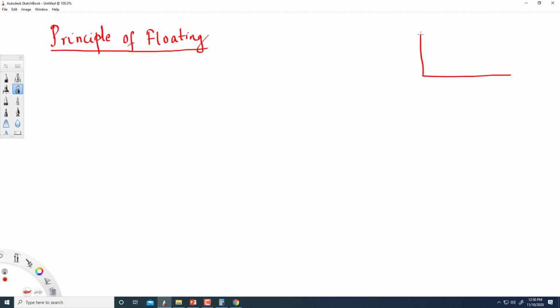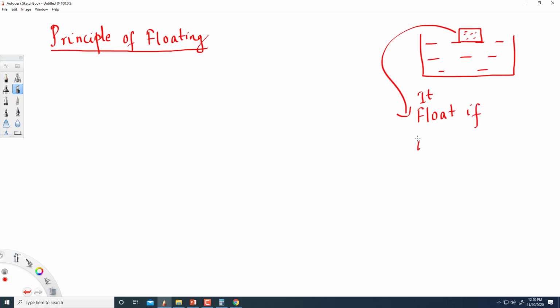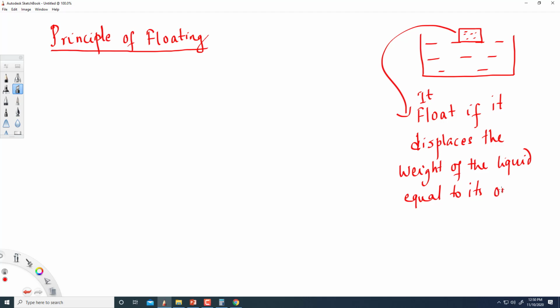When an object is placed on water, the object will float, it will not sink, if it displaces the weight of the liquid equal to its own weight. So this is the principle of flotation.